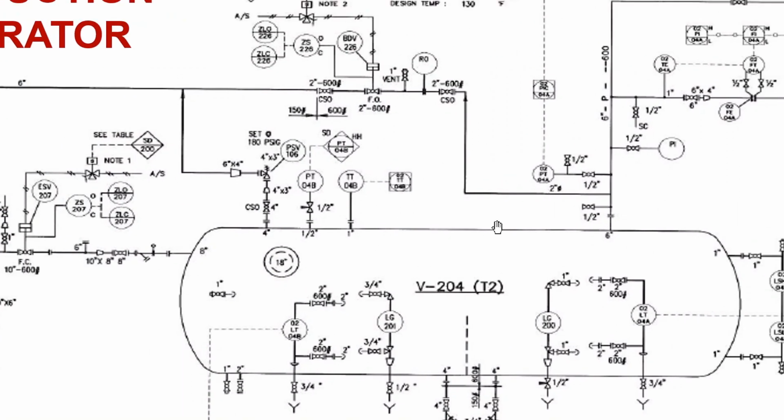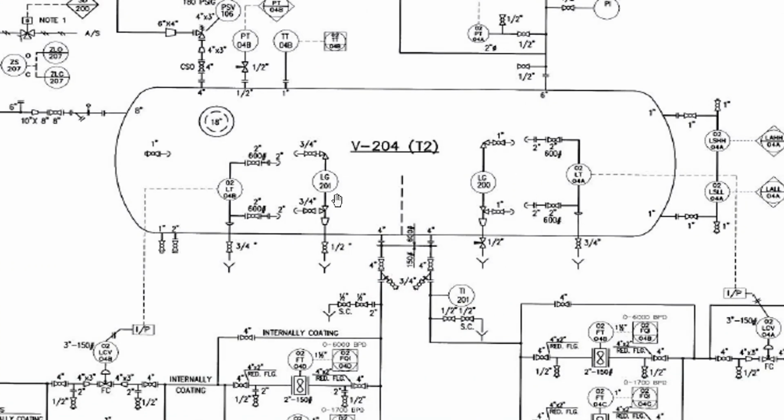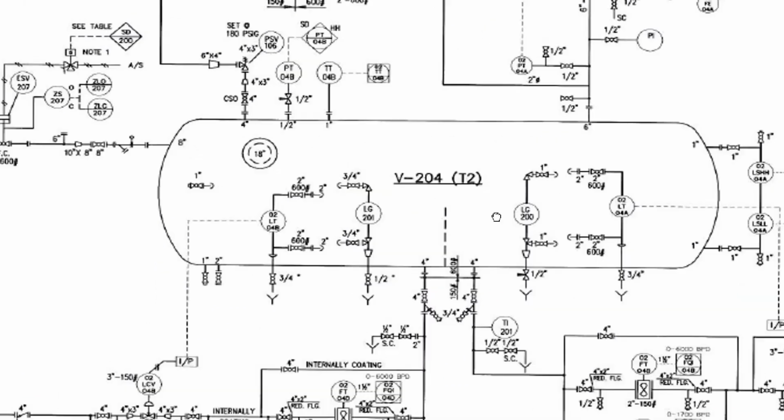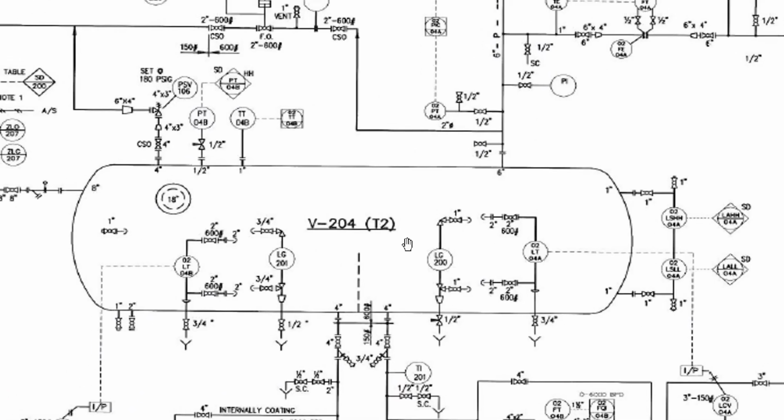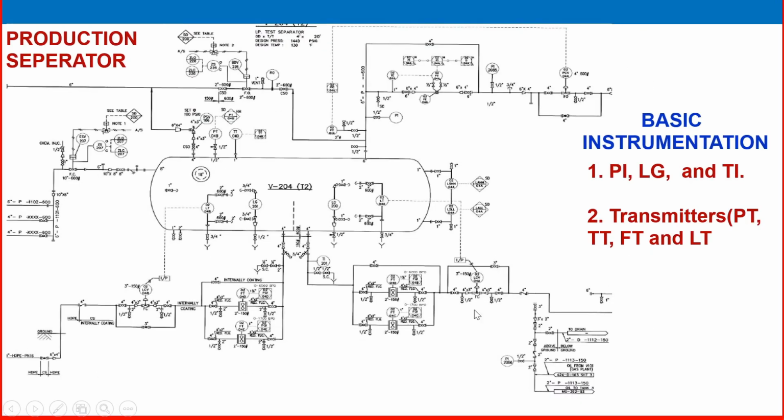And discharge pressure, discharge temperature, oil outlet level, water outlet level. These process variables are regularly monitored to make sure of safe and efficient operation of a separator. I hope you understand the various process variables monitored here. So that is the first section of our reading of the P&ID.